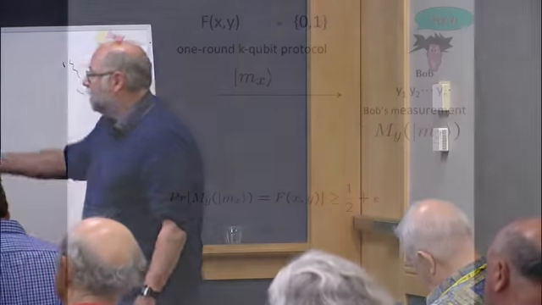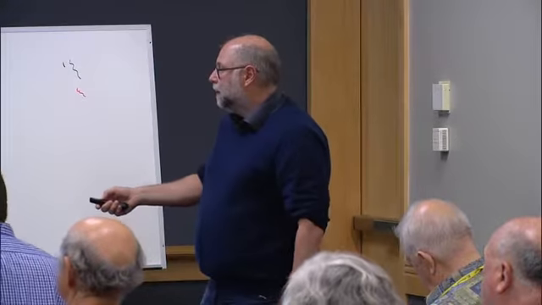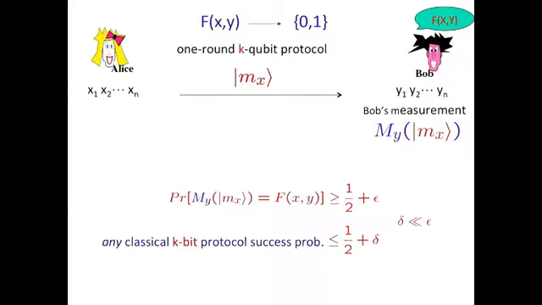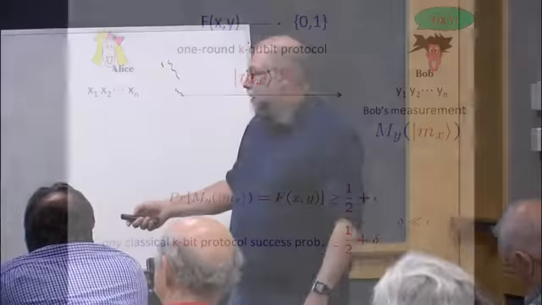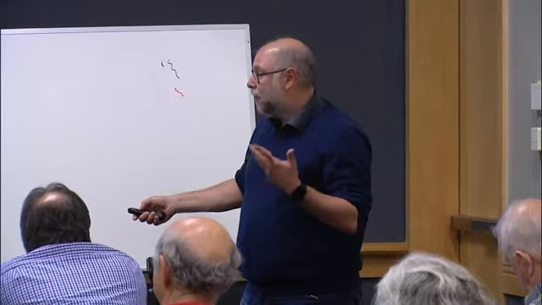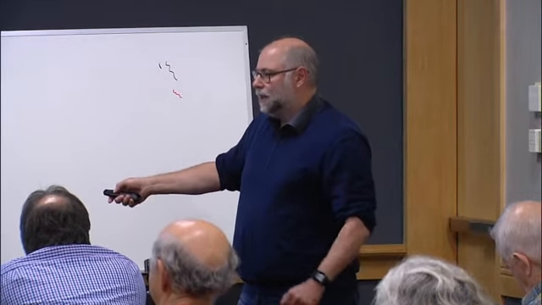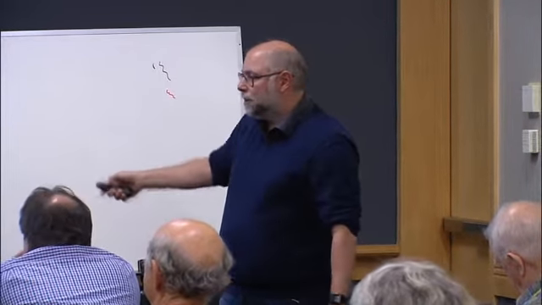And now assume that the probability that he is correct is 1/2 plus epsilon, and assume furthermore that no classical scheme can achieve this. So for any k-bit classical protocol, the success probability is at most 1/2 plus delta. Right? So quantumly you can do fairly well, classically you cannot do very well. So delta is much smaller than epsilon.